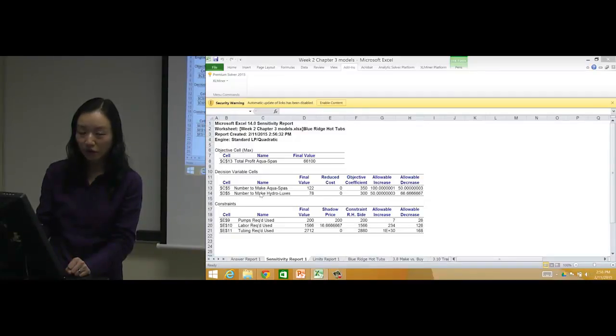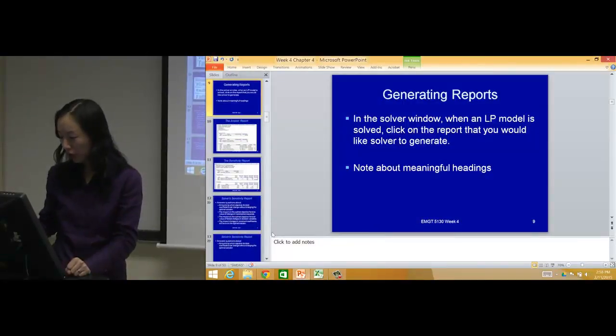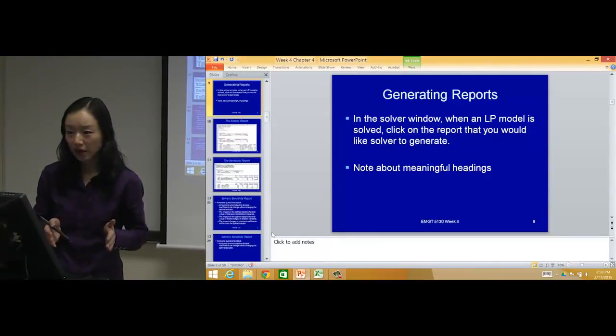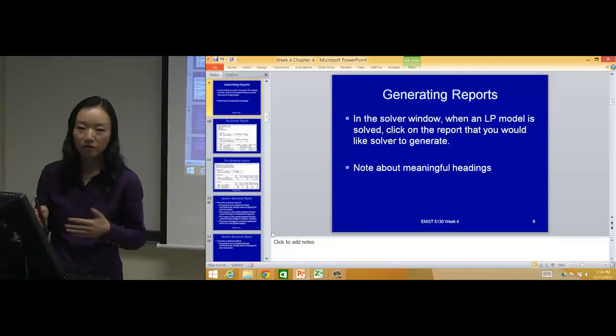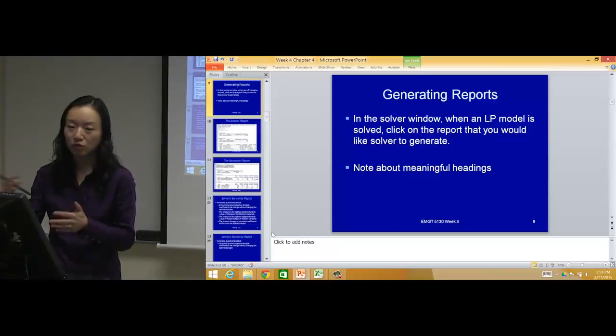If your name is like X12, or just something like a number to make, then you don't know which one is which. It's not very meaningful. Okay, so that's just one point that I want to point out, especially in the homework assignment. Those problems, you need to first formulate the problem, maybe many of them business problems, and then interpret the sensitivity analysis report by answering, say, if the labor resource increases that much, what does that mean?